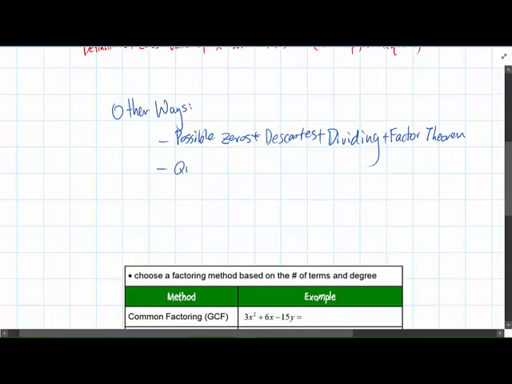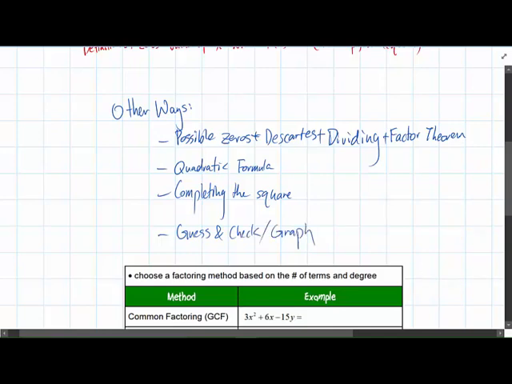And if it's a quadratic, of course, the quadratic formula. There's also completing the square. And of course, you could guess and check, or sort of graph.